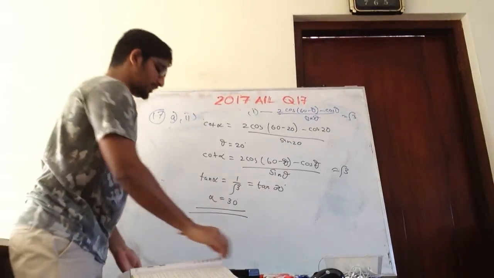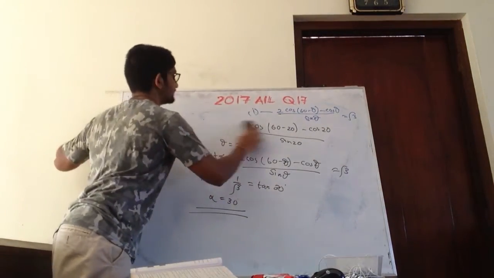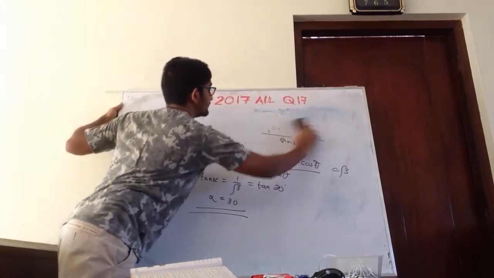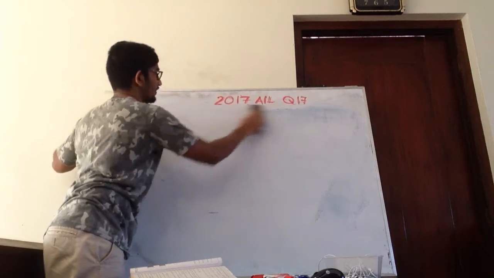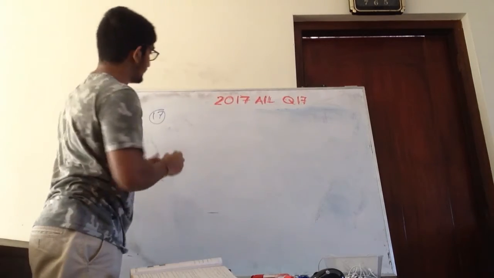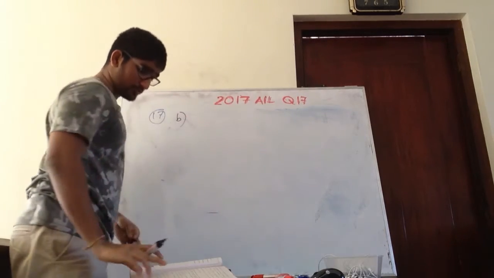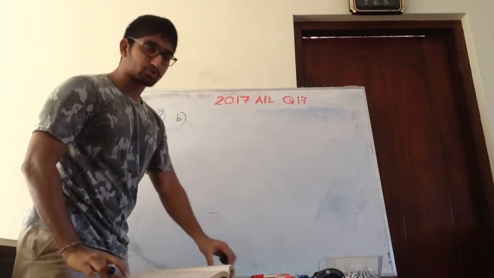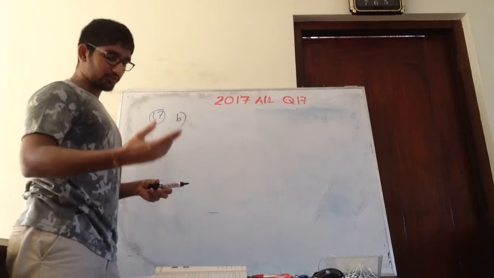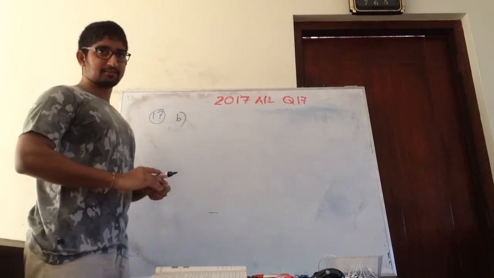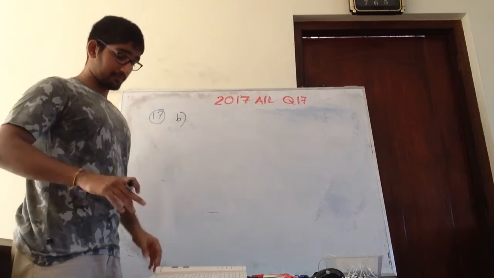Right, so part B. In part B, we need to solve the equation. That means we need to get the values of x. No, so this is basically a general solution sum.